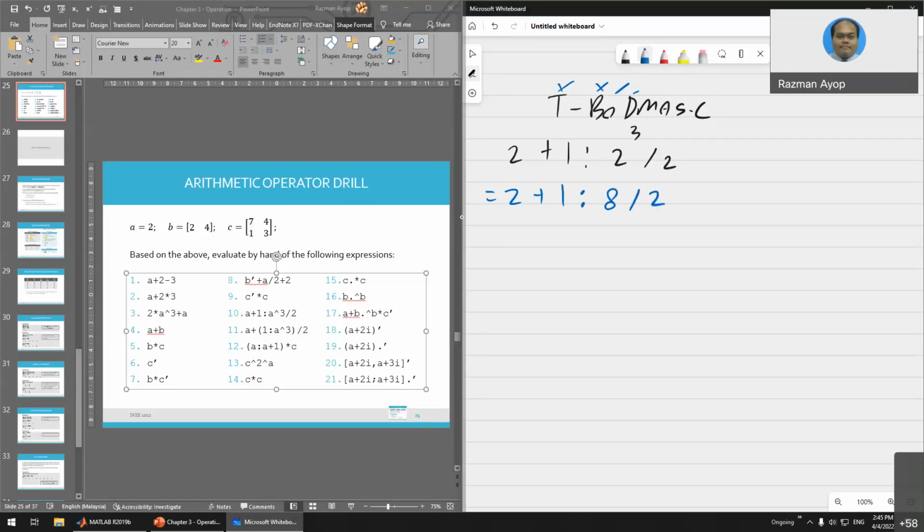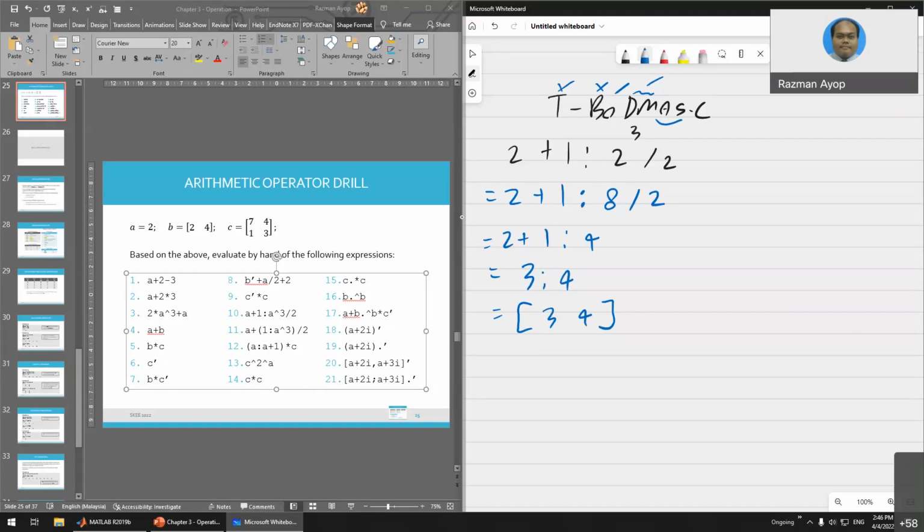Then division and multiplication: 2 plus 1 dot 8 divided by 2 gives 4. Then addition and subtraction, so 3, 4. The answer will be 3, 4.